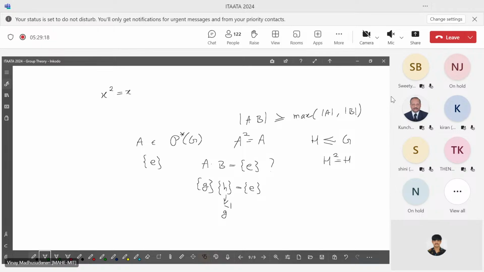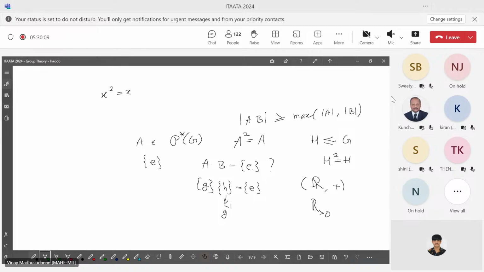Any example? Under addition, remember that with addition notation we swap powers and multiplication. So take the strictly positive real numbers under addition.